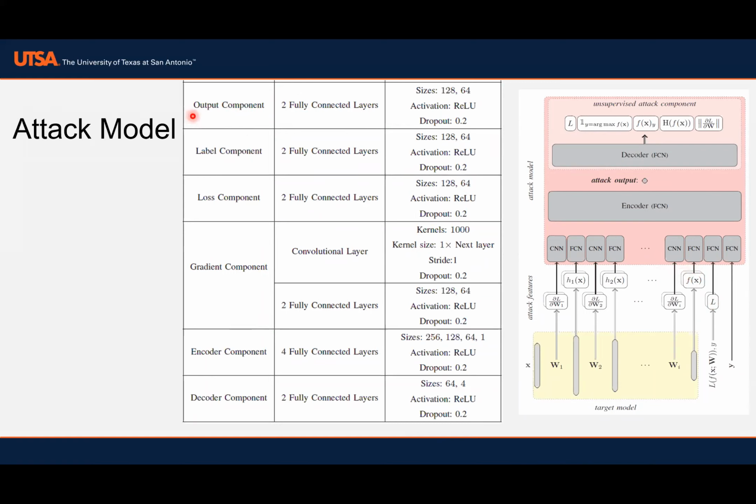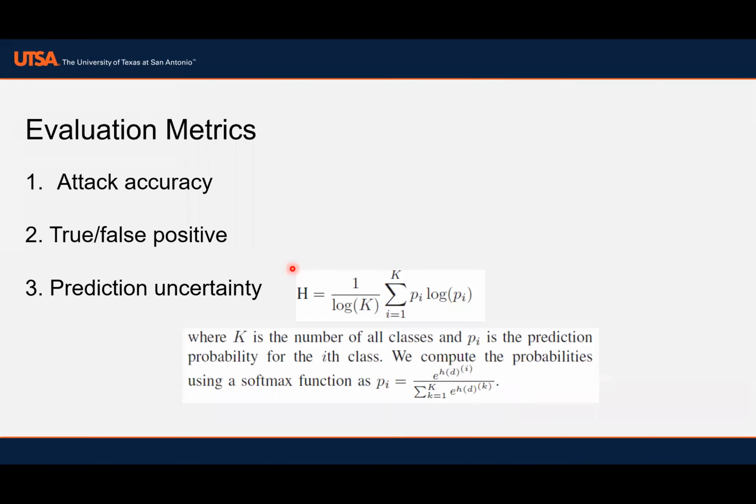If we only use the output component, it will be a black box membership inference. And for the label, FCN, they use two fully connected layers. Here are the details. And they use three evaluation metrics. The first one is attack accuracy, then true and false positive, and prediction uncertainty.